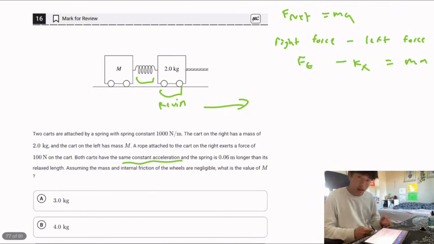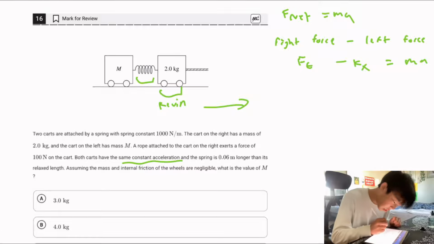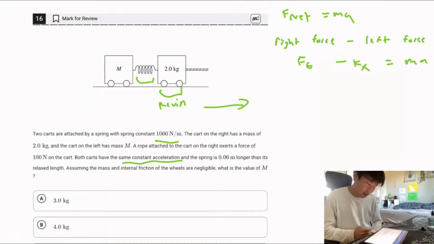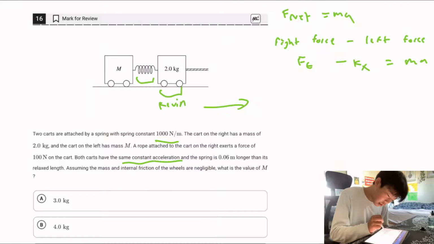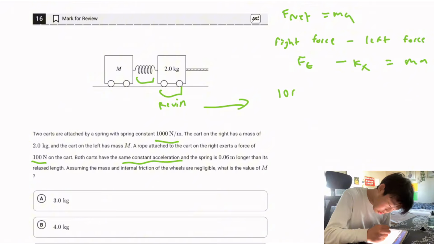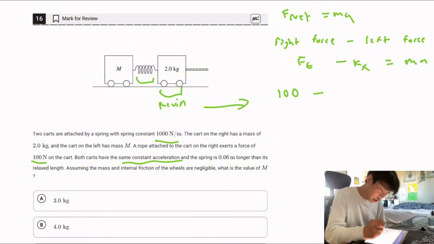Now, you've never seen this on the AP exam, but they're going to be giving you the values. It gives you 1,000 as the spring constant. It's going to give you the rope force. The force of tension is 100. So we're going to substitute Ft as 100 minus k. K is 1,000 times the spring is 0.06 longer. That's just another way of saying displacement of the spring from its relaxed length.